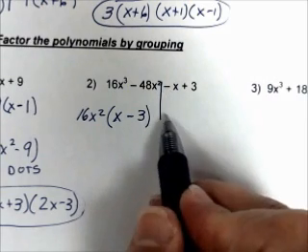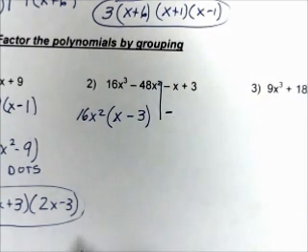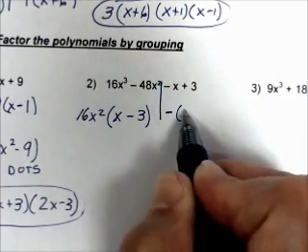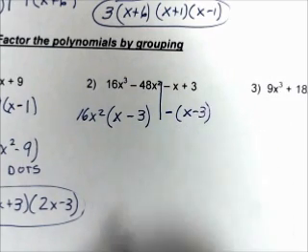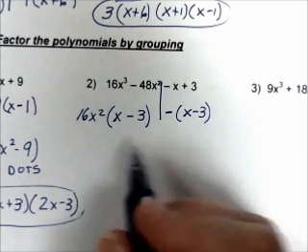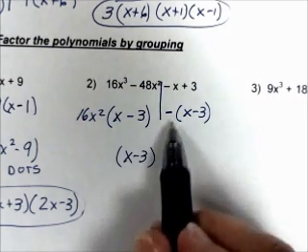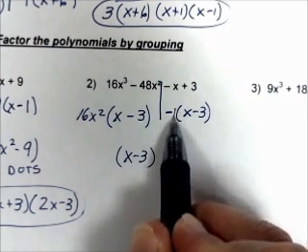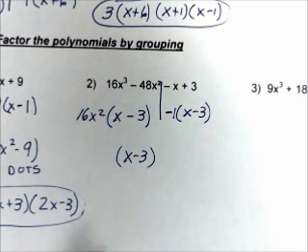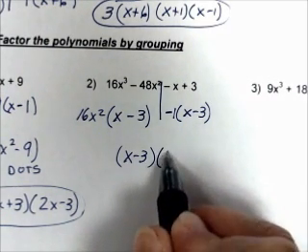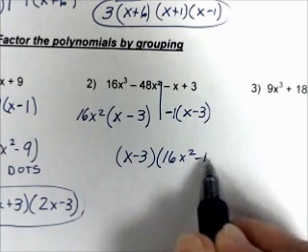Let me not forget the operation minus, and now parentheses x minus 3. X minus 3 is one factor, and the other, I forgot to pull out my 1 there. Let's show that. And the other factor is what's outside, the 16x squared minus 1.